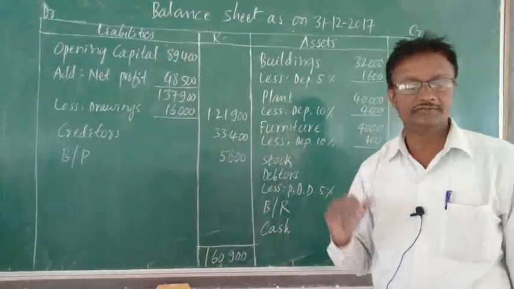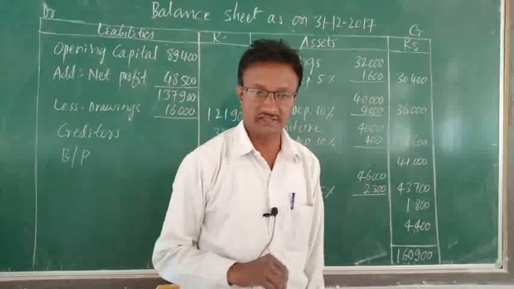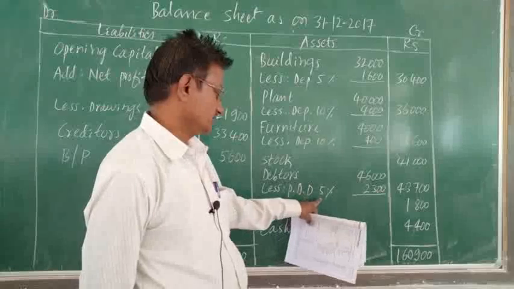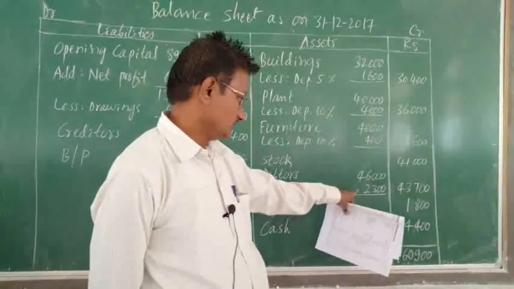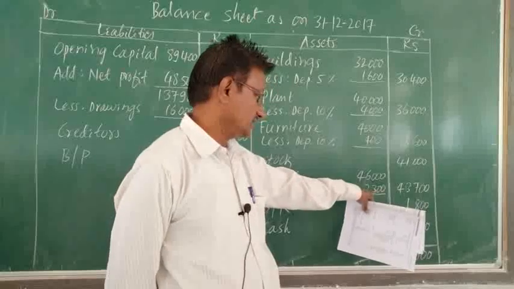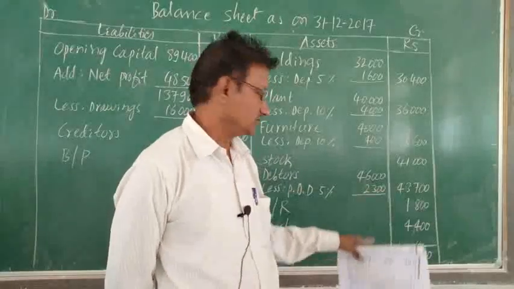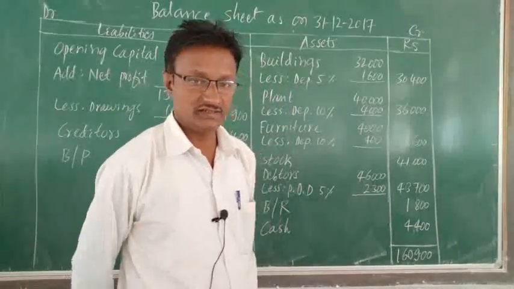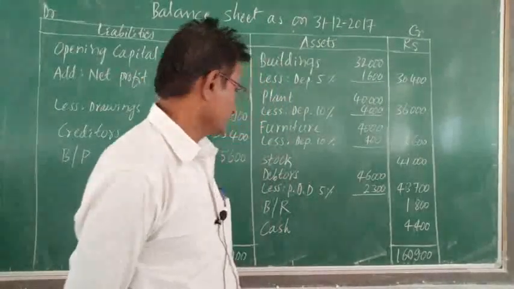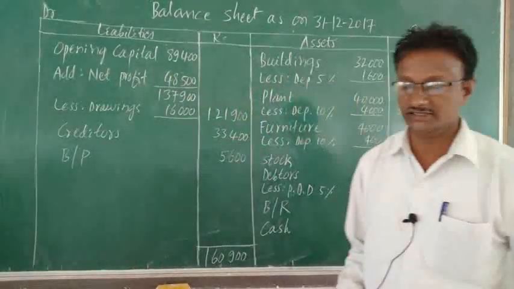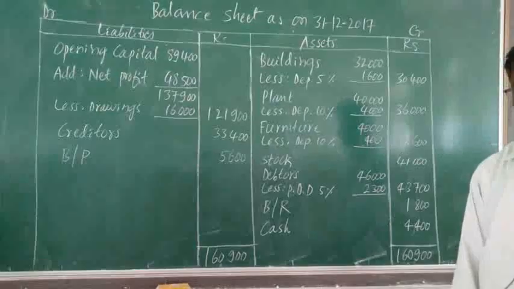And as per information 5% provision has to be made. So less provision for doubtful debts at 5%. It comes to 2,300. After deducting this 2,300 we get 43,700 net debtors.